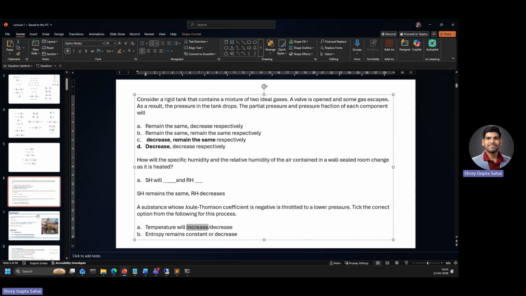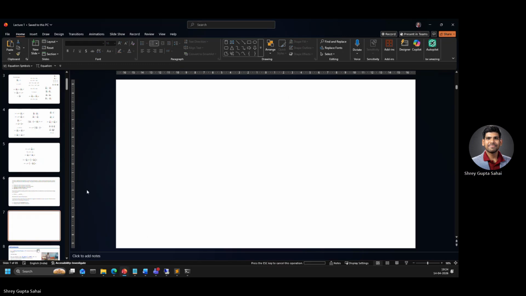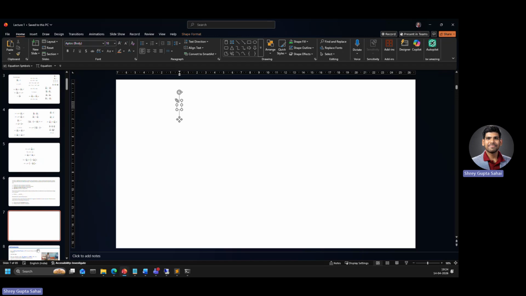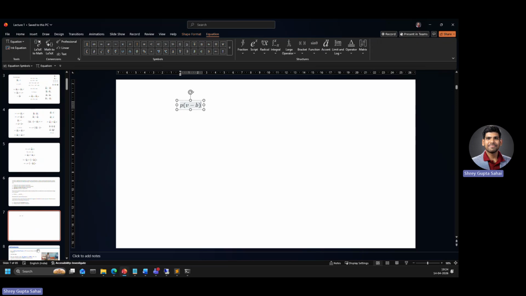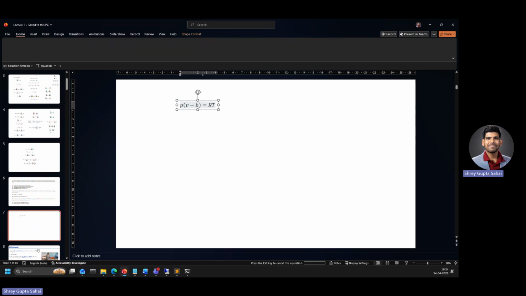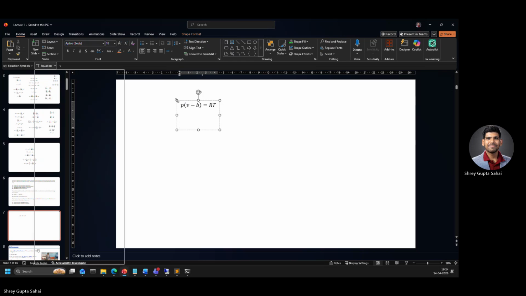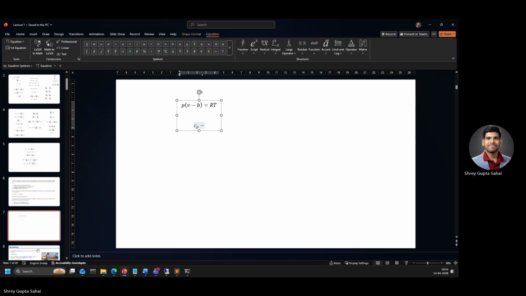Now the question: from thermodynamic relations, for a gas with P(V minus B) equals RT, we need to tell what is Cp minus Cv. What is Cp minus Cv?